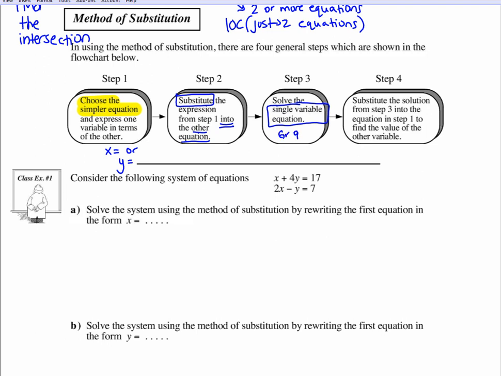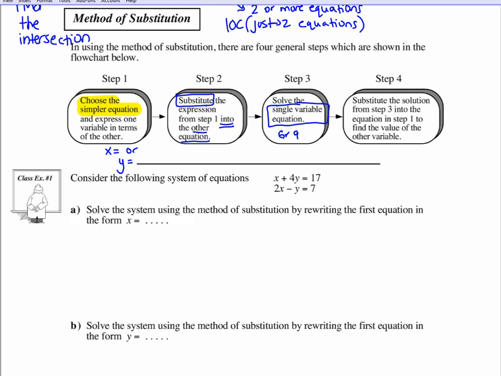And the last step is to substitute the solution from step 3 into the equation in step 1 to find the other variable. Once we find an intersection, how many variables are in a point? 2, x and y. Once you've solved for x, you still need to go get y at the end. That's what step 4 is saying.